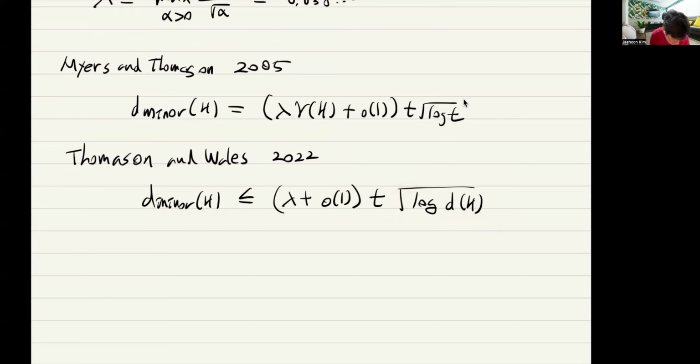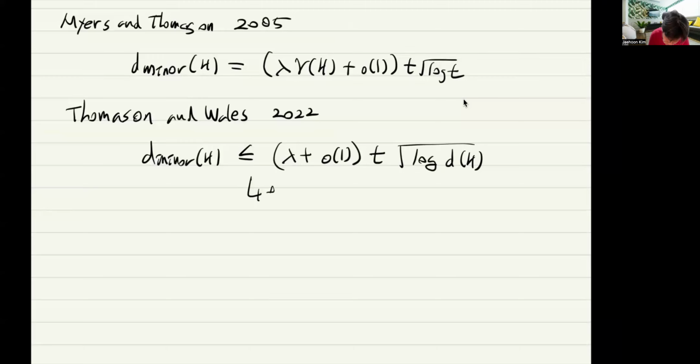And this provides an upper bound. And then this is tight for almost all graphs.